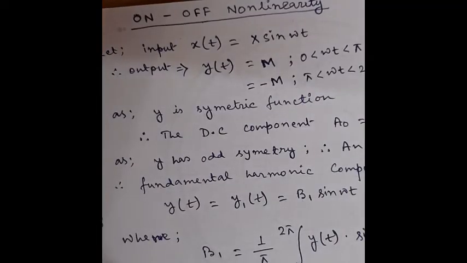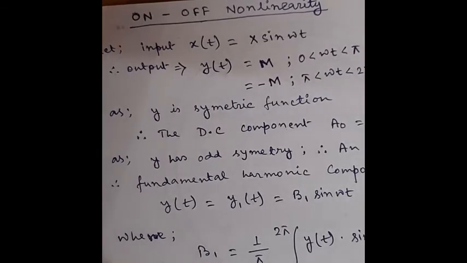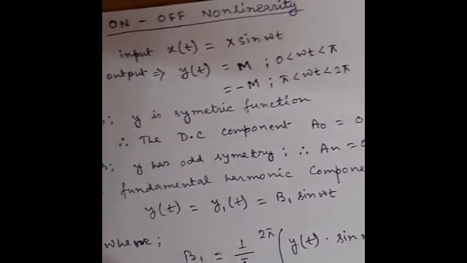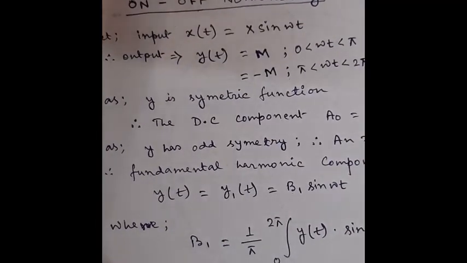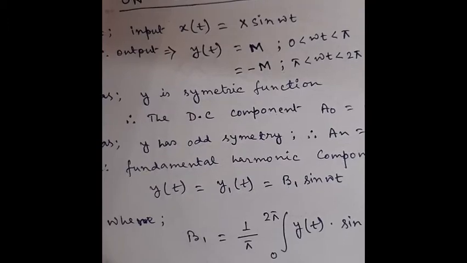So only the fundamental harmonic component, b1, will be present in the system. When we consider that fundamental component, y(t) is equal to y1(t), which is equal to b1 sine omega t.